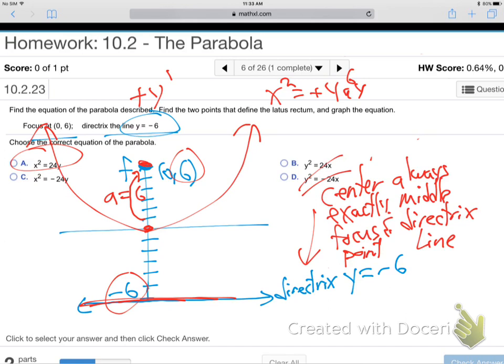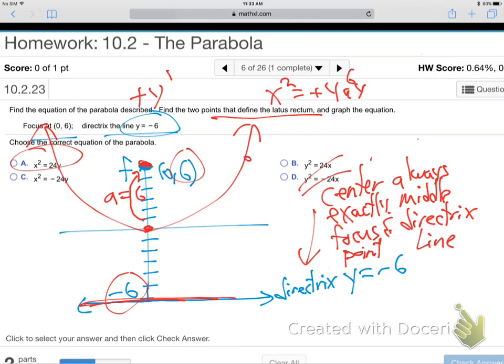I'll move on. You're okay? More parts. There are 2 parts. Oh, it's probably latus rectum. Find the 2 points. Let's find the latus rectum points. Remember, they're at the focal depth, or height, as the case may be. At the focal level, double the distance. So it's double 6, which is 12, right?